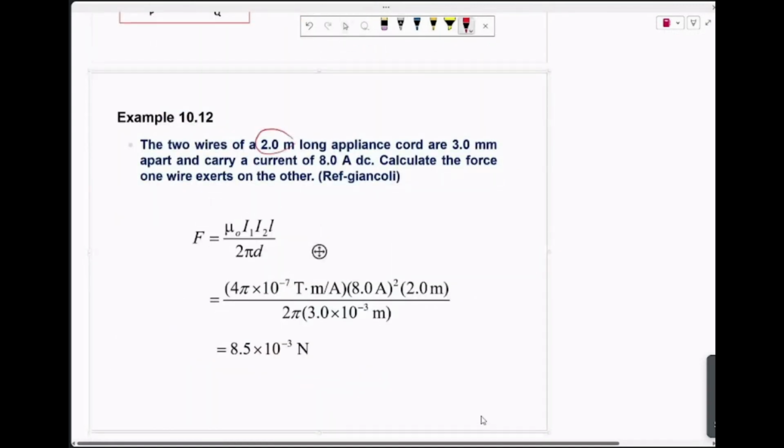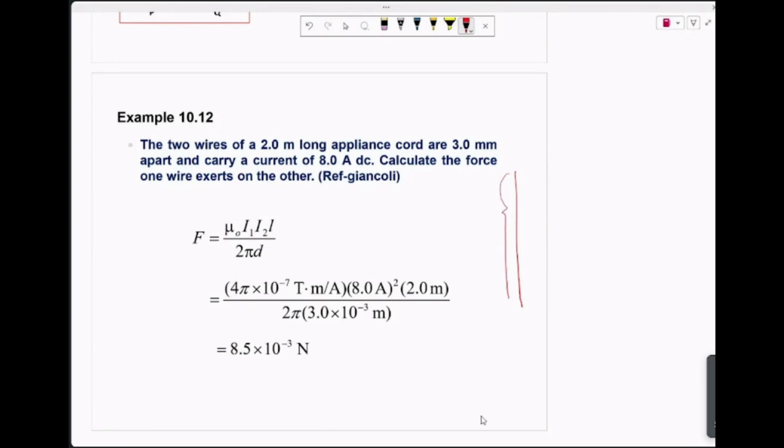Okay, example of this: two wires of 2 meter long. Maksudnya dia sini draw, this is 2 meter. Two wires, so you have dua wire sini, 2 meter juga panjang dia.